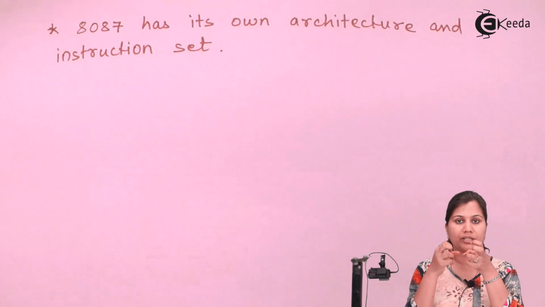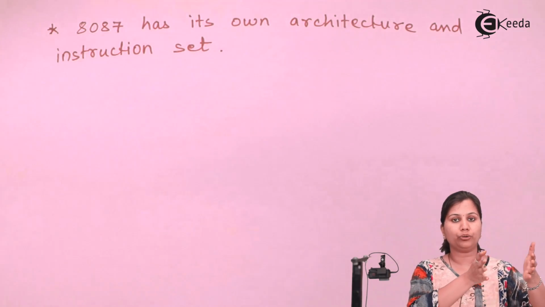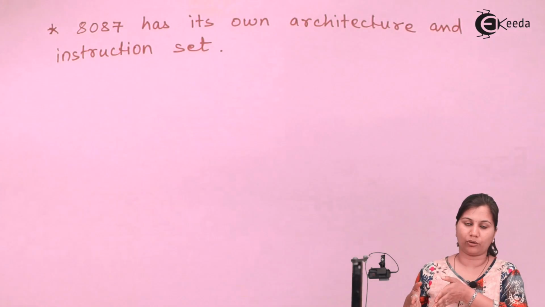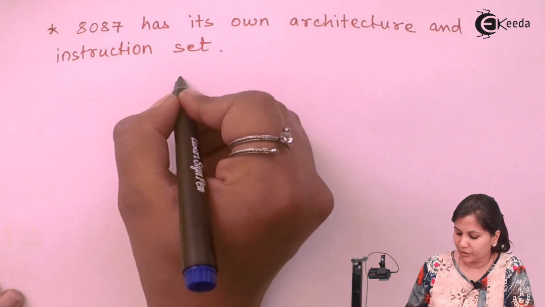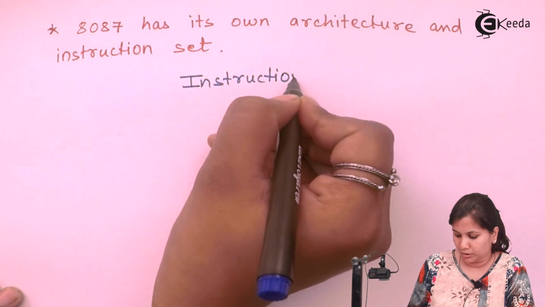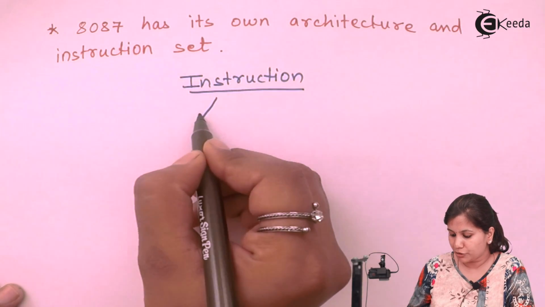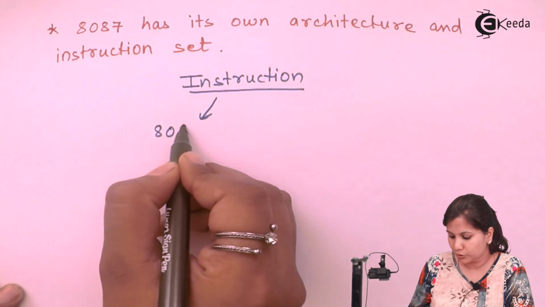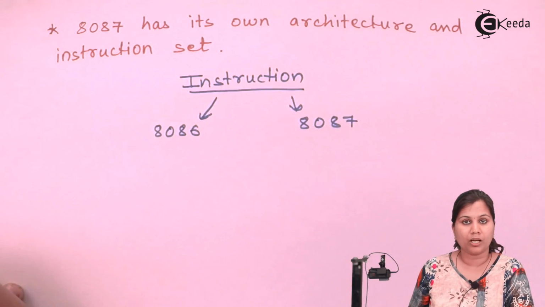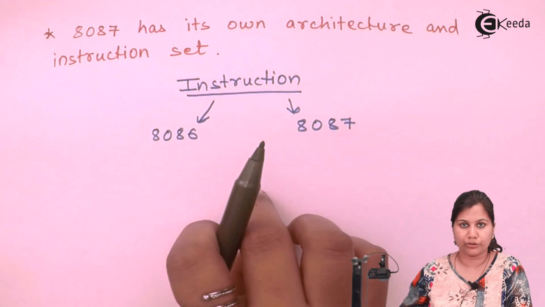Whenever any instruction is fetched, it is kept in the instruction queue of the 8086 and of the 8087 also. Suppose we have an instruction written in the program. This instruction will be fetched by the 8086 and by the coprocessor 8087 also. Both processors are going to keep this instruction in their instruction queue.